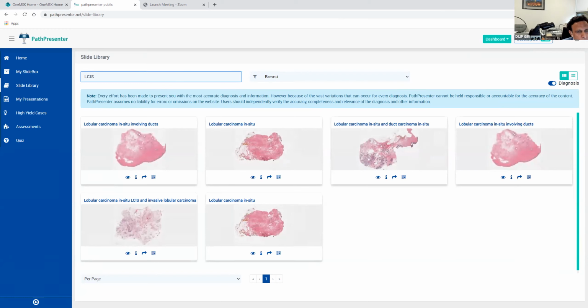So one, of course, lobular carcinoma in situ, we know they can come in different morphologic forms. There is the so-called classic type, which we all deal with day to day. I mean, it's pretty common. And then there are the so-called unusual or special types of lobular carcinoma in situ.